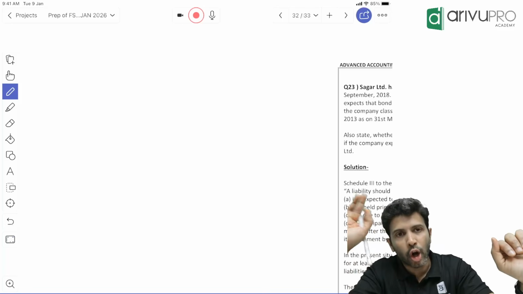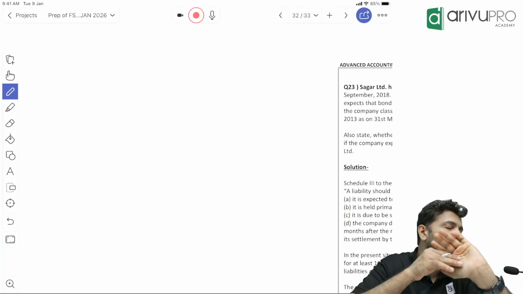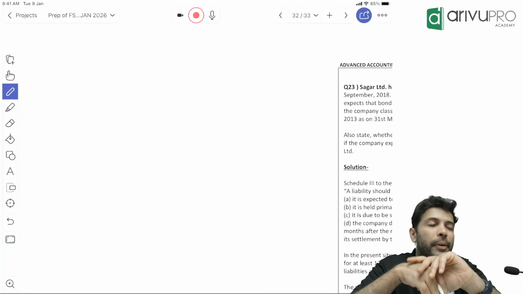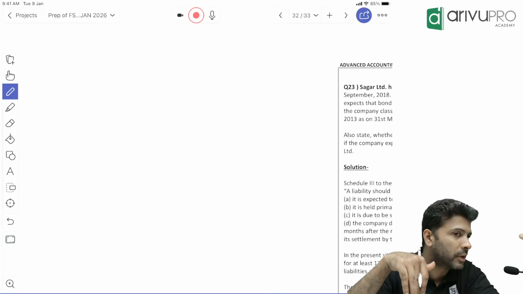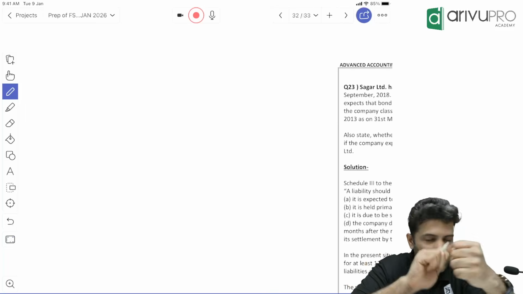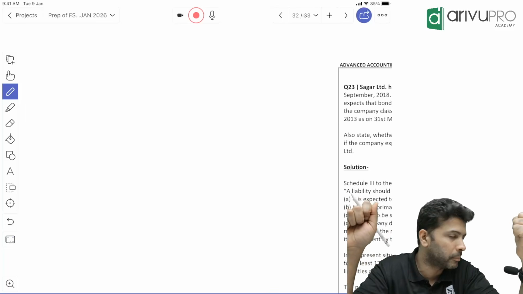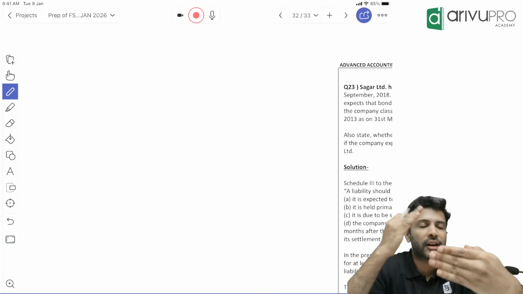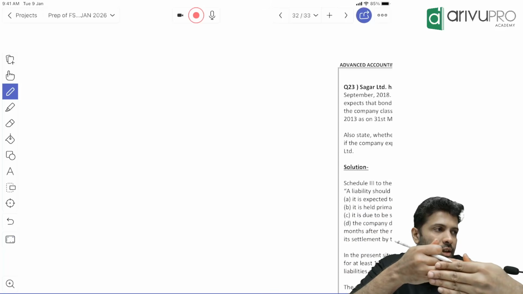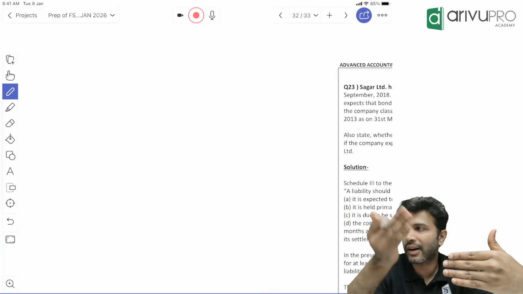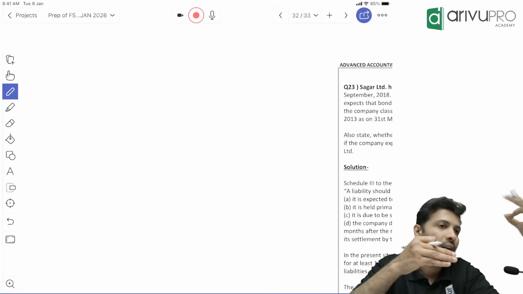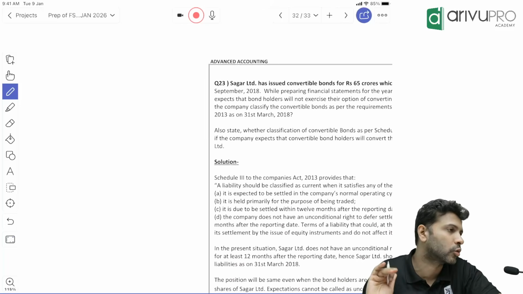The company should not have an unconditional right to defer the payment beyond 12 months from the balance sheet date. If that right to push is there, it means non-current liability. If that right to push is not there, it means current liability. The application of this is this question.